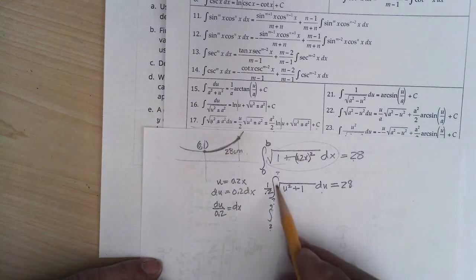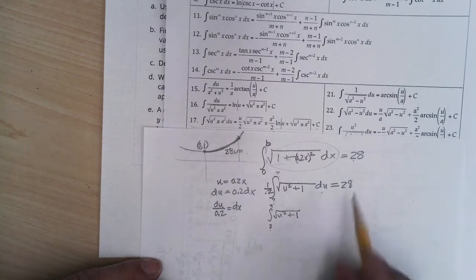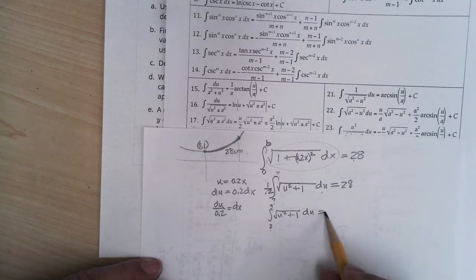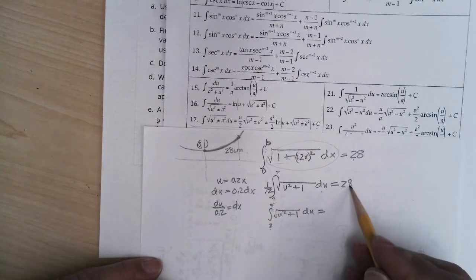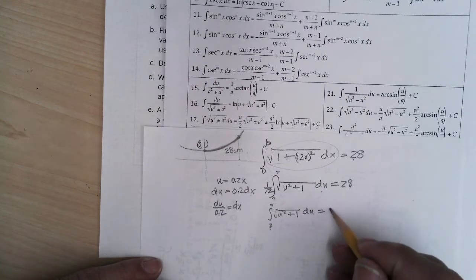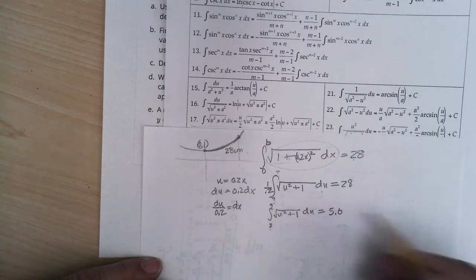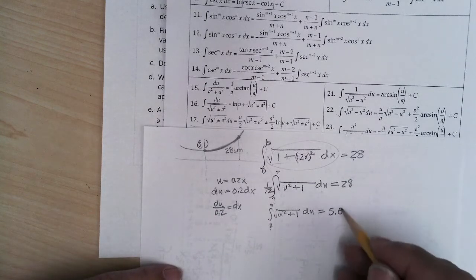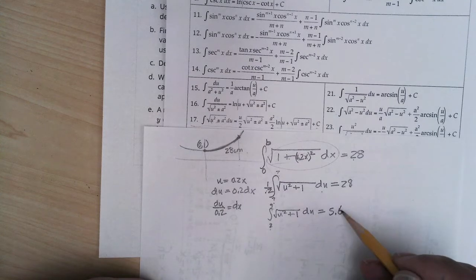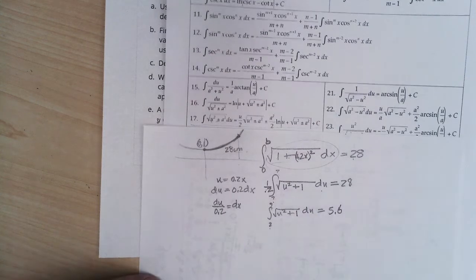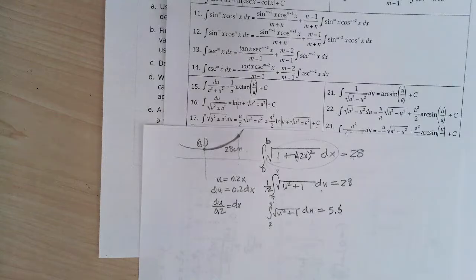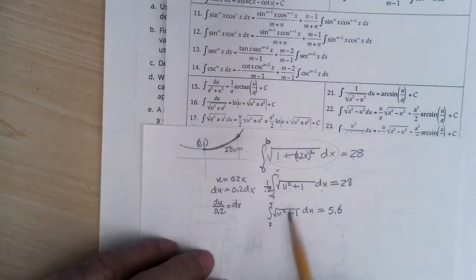And it's going to be the square root of u squared plus 1 du equals 0.2 times that would be 5.6. Is that correct? Multiply 28 by 0.2, it would make it 5.6. So this is what I need to solve.